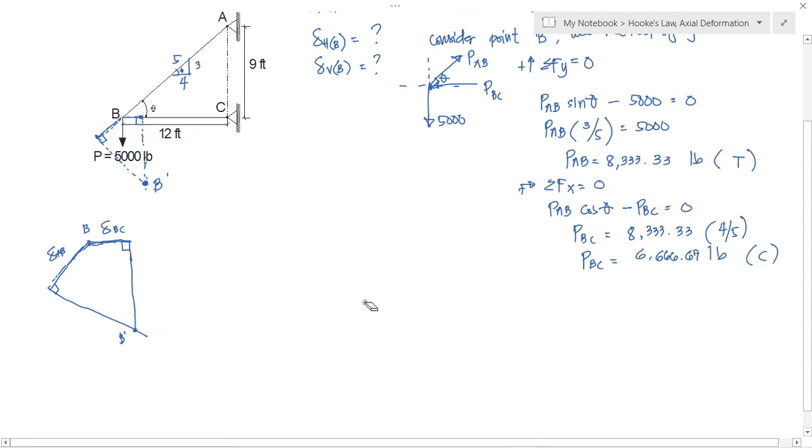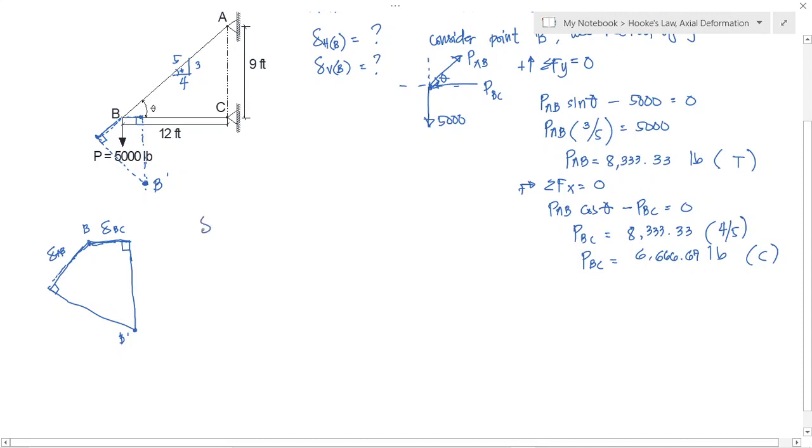And what is being required in the problem is the horizontal and vertical movement of point B. So we have already located the final position of B. Kung nandito yung original position of B, nandito na siya ngayon.